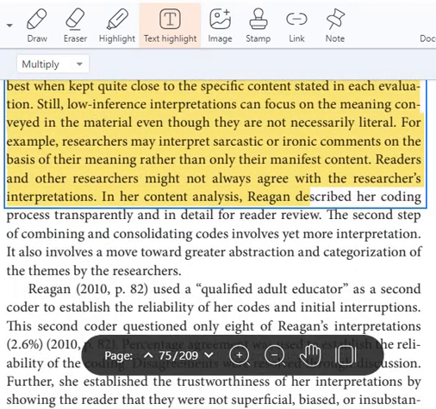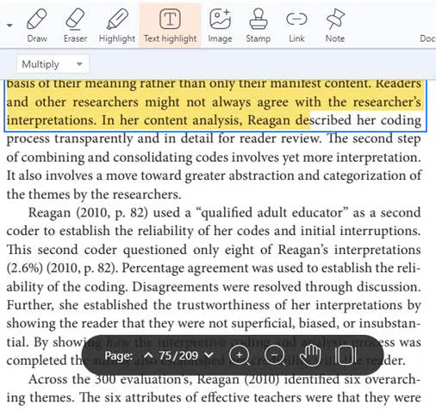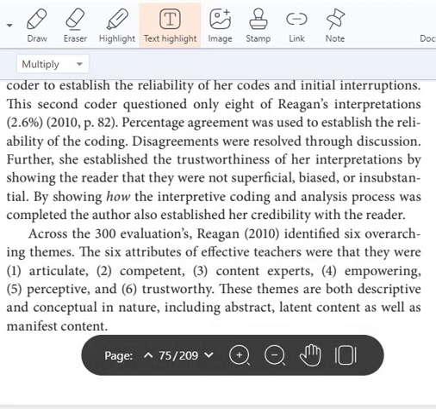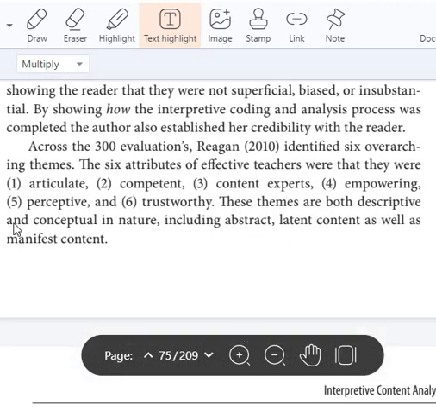Now let's see down there something about Reagan and about the ACCEPT model. Let's go now to the page across here. Let's see this paragraph. Across the 300 evaluations, Reagan 2010 identified 6 overarching themes.